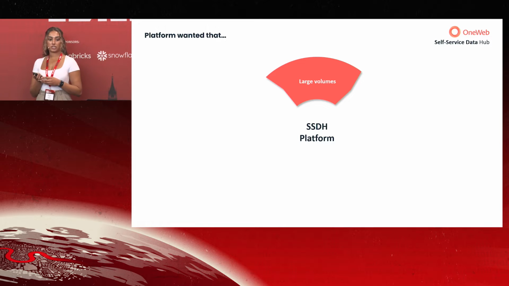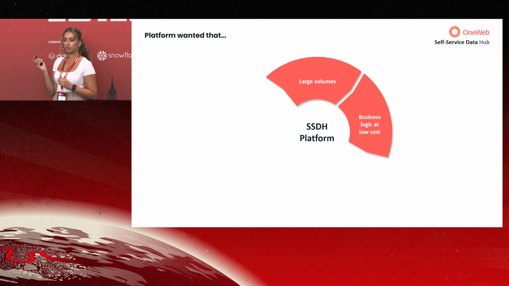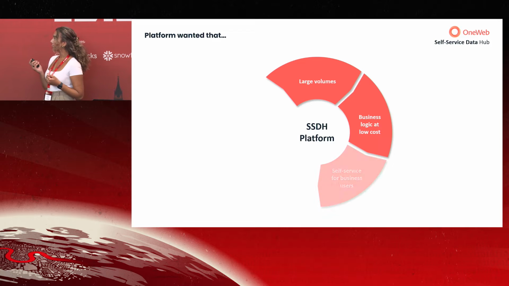And what we wanted to achieve was a platform that could ingest large volumes of data at a high velocity and also apply rules and business logic to the data quickly and at a low cost. And this also included the handling of sensitive data.